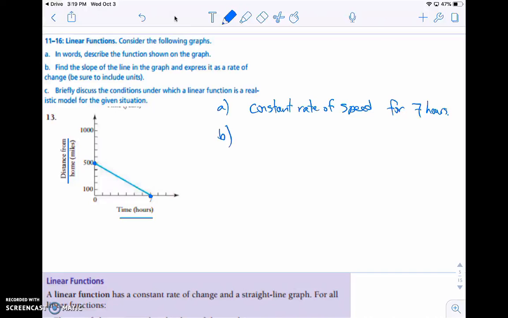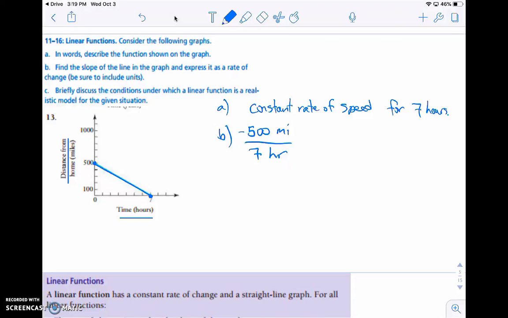Okay, in part B, find the slope. And this is actually going to take a negative slope because this line from left to right is taking a downward trend. So it's going to be negative 500. That just means we're getting closer to our home. So negative 500 miles over 7 hours.